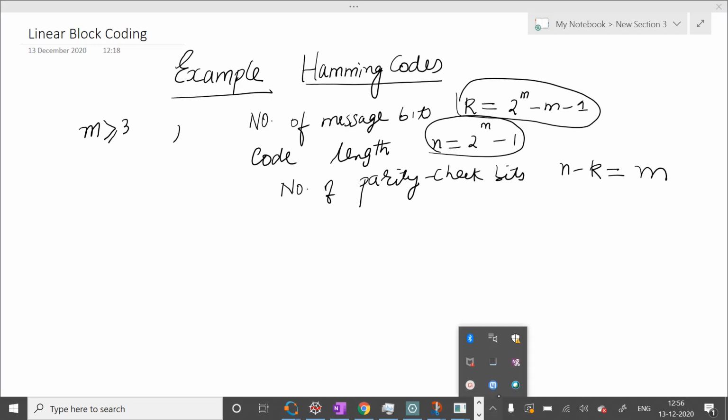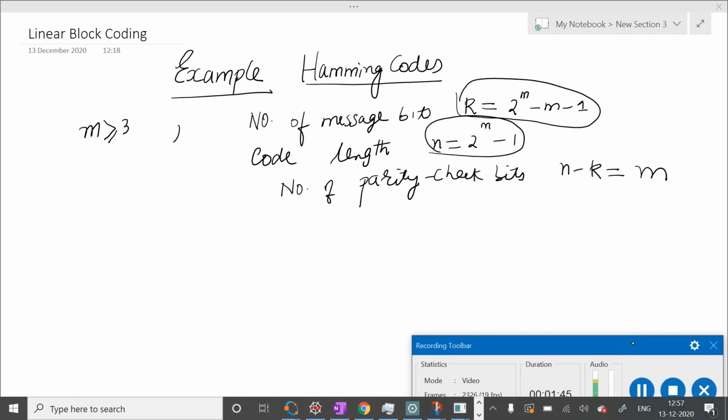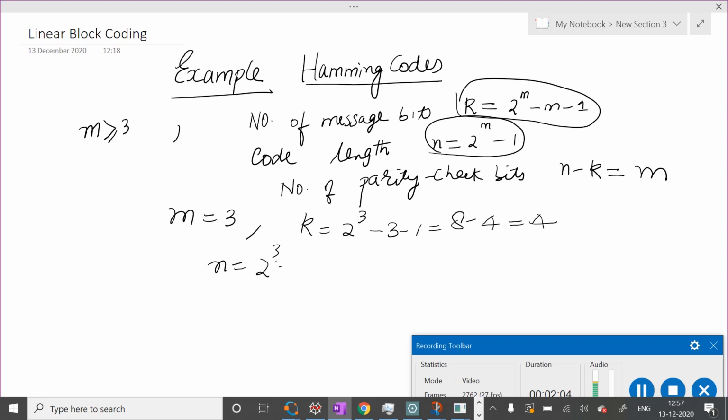As an example, if we take the value of m to be equal to 3, that is we add 3 parity bits, we will get k equal to 2 to the power 3 minus 3 minus 1, which is 8 minus 4, which is 4, and n is 2 to the power 3 minus 1, which is 7, and definitely the number of parity bits m is 3.